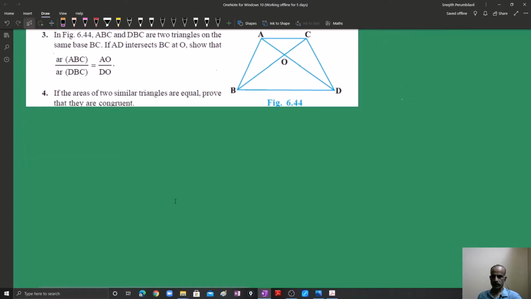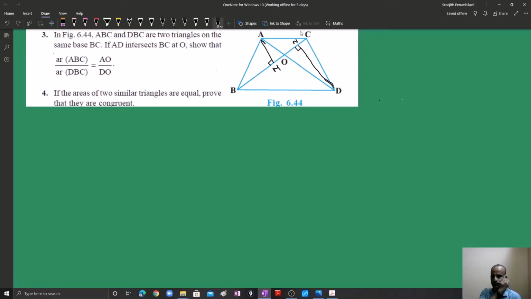Show that the area of triangle ABC by DBC is equal to AO by DO. In order to find the area, this is the common base, so we need one more thing. What do we need? We need an altitude. So we'll make a construction. We'll draw AM and DN perpendicular.